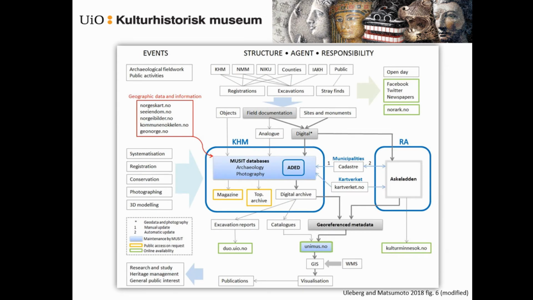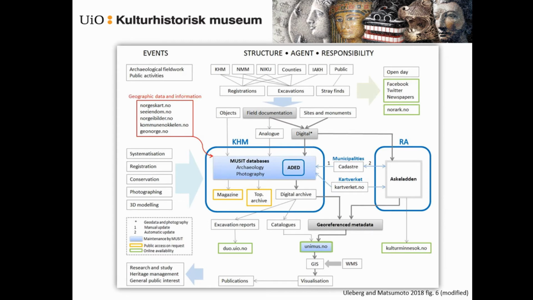This slide shows the information flow. In Norway, we have no private companies doing excavations, but we have the university museums, here shown by KHM, which is our museum in Oslo, and the Maritime Museum, an organization called Mieko, who do excavations in the cities and medieval churches.